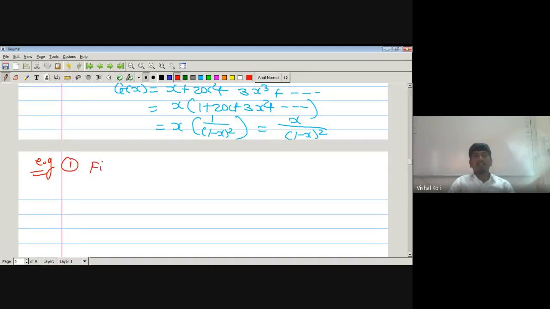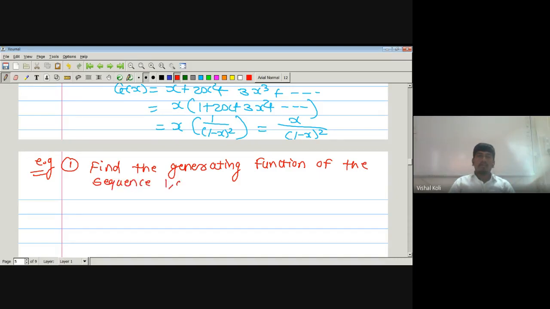Okay, find the generating function of the sequence 1, a square, a cube and up to so on, where a is a fixed constant.